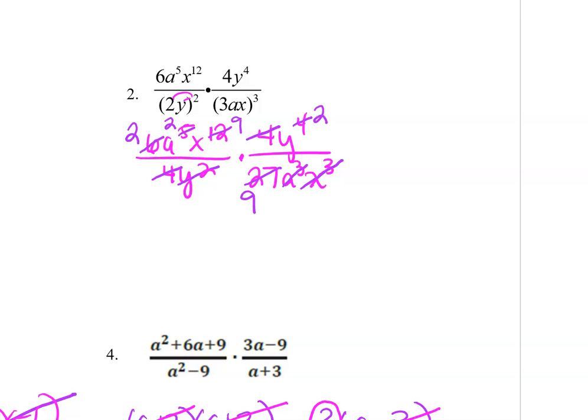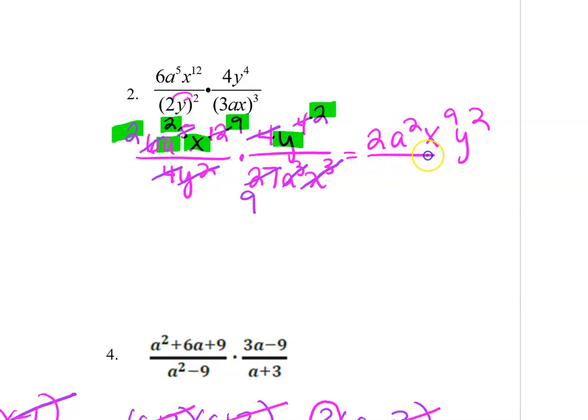So let's see what I have left over here. I've got a 2a squared, x to the 9th, and a y squared. So that's my numerator, all over just 9. That's all I have left over. And that would be my answer.